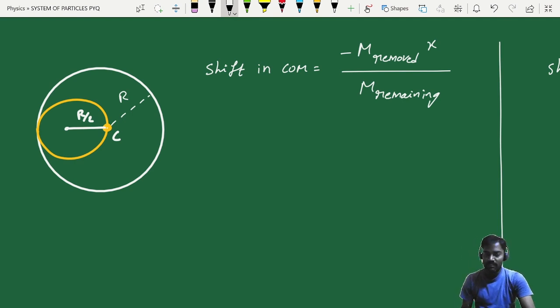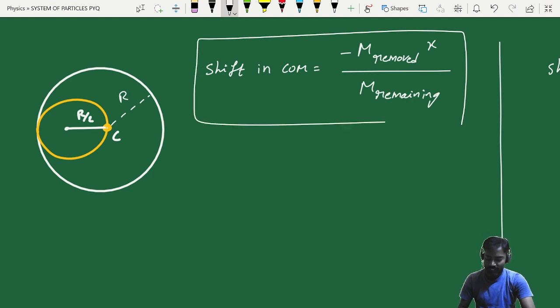See, when you look at this situation carefully, this is also similar to the principle of moments. The moment of mass of the original as well as the moment of mass of the removed part, those two we can equate. See, mass remaining into shift in center of mass is equal to removed mass into the distance between the two centers of mass.